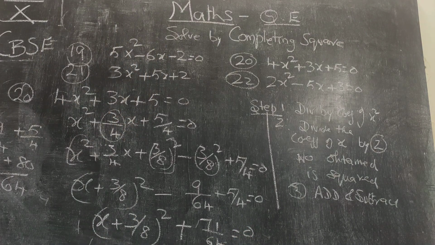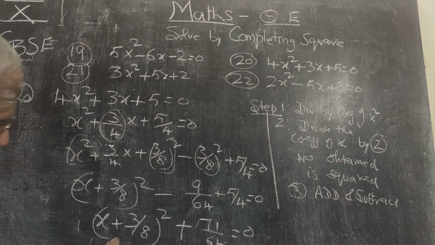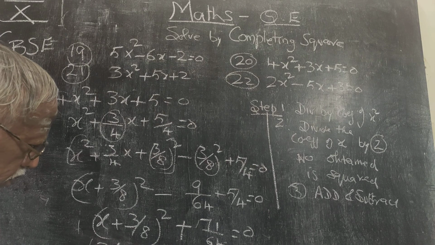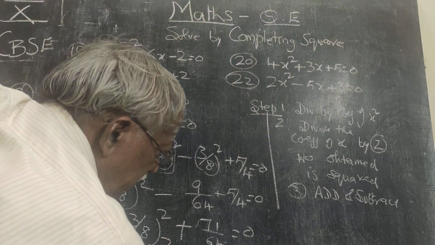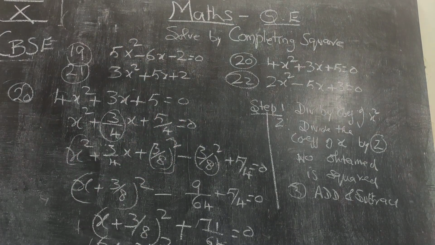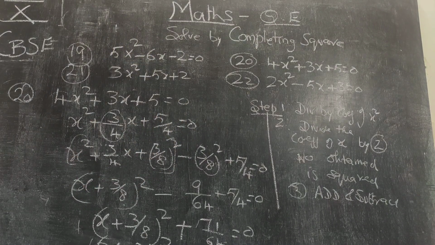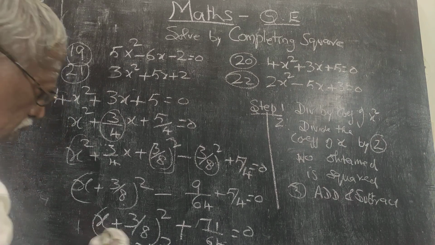Which means that x plus 3 by 8 the whole square is equal to minus 71 by 64, which is absurd because on the left hand side you have a square, but on the right hand side you have minus 71 by 64.